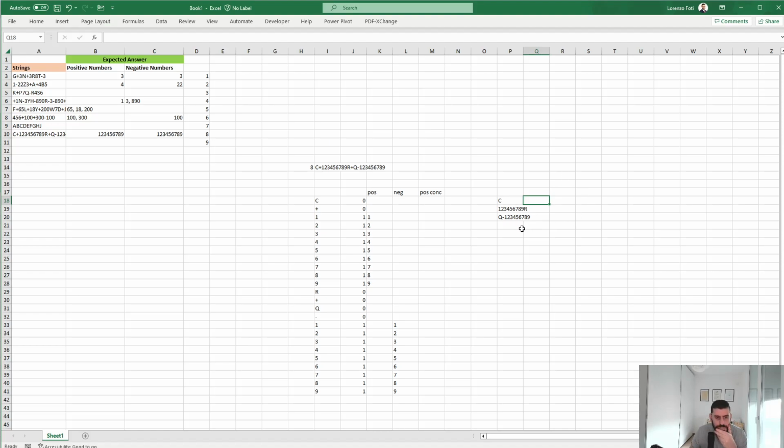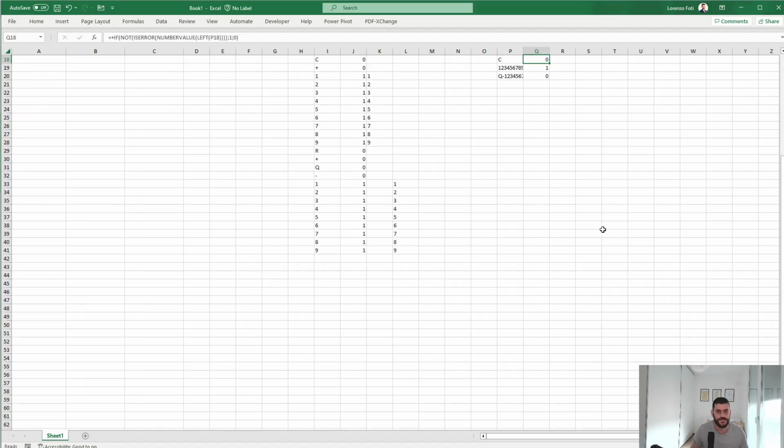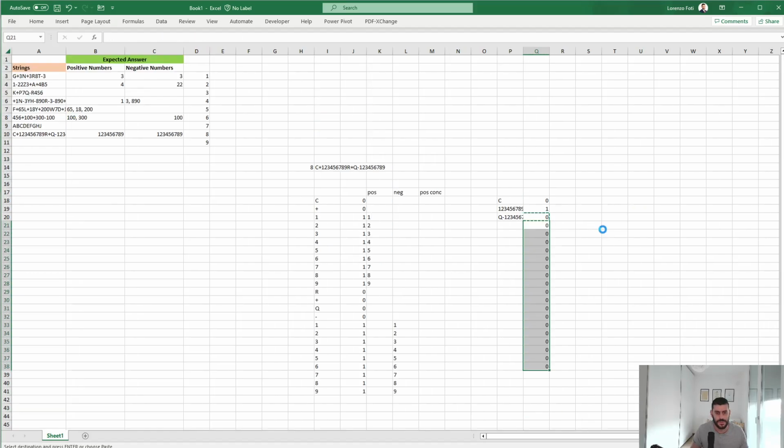And if not is a number value left of this. Sorry, otherwise it's 0. So if this equals empty, otherwise it is this.